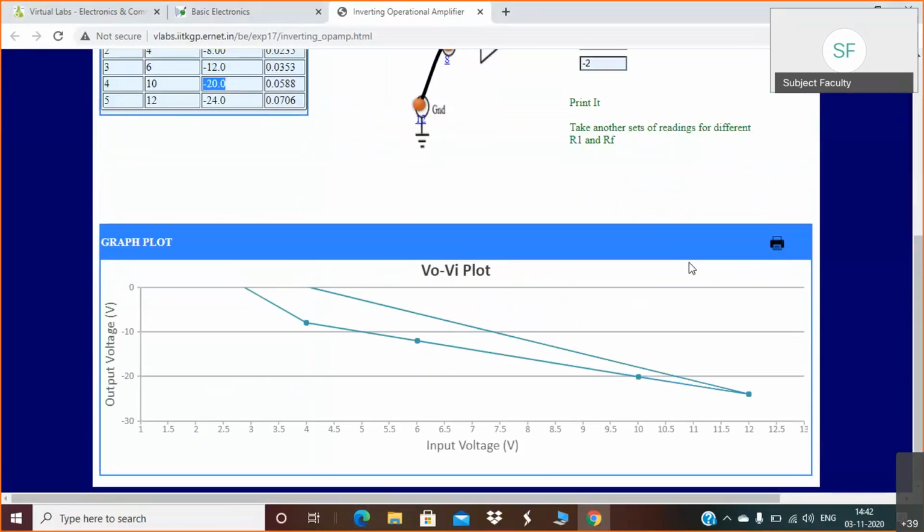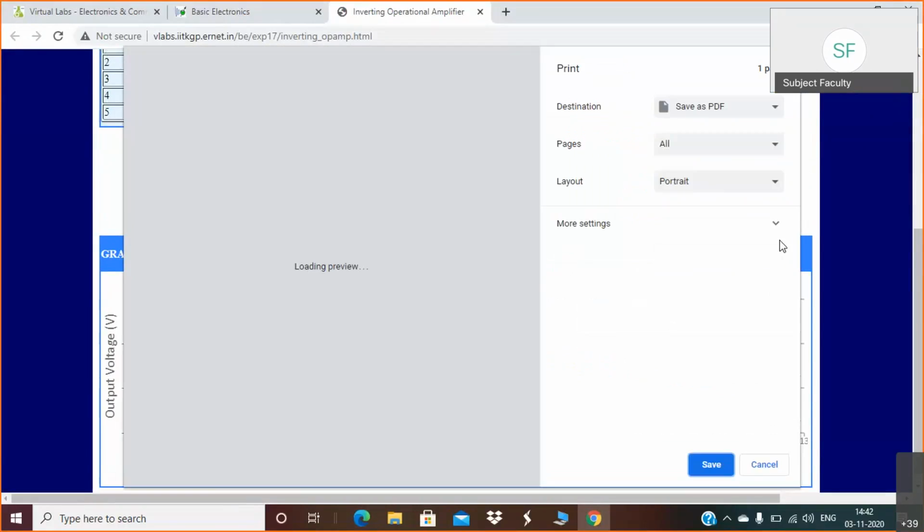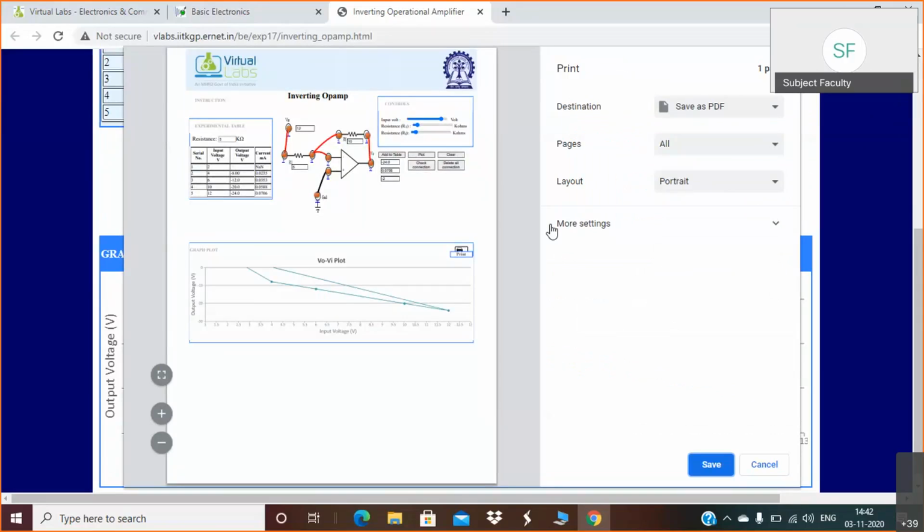Here one icon is given, that is print. I hope it is visible to you. You have to click on this print. When you print it, it will automatically ask you to save this particular PDF file. You have to simply save it. Is it fine?